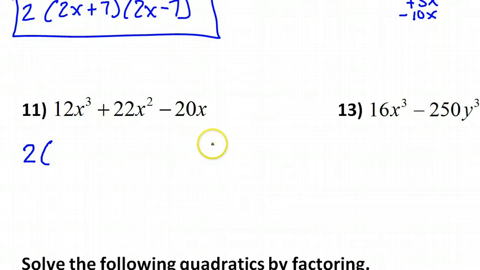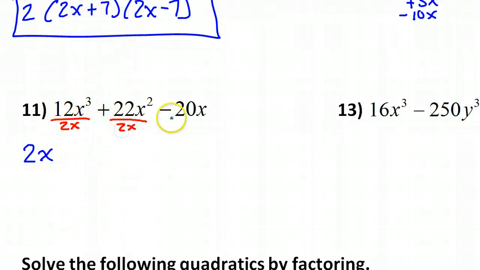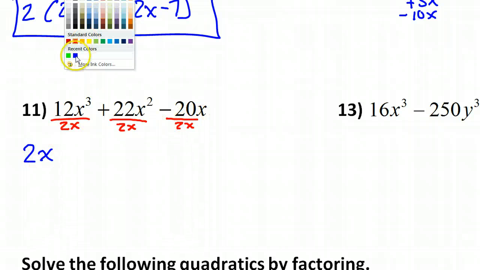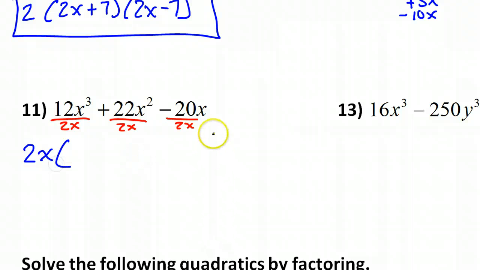So we should bring that out as well. So we'll bring out 2x. So remember, when you pull out a GCF, you're dividing, and then you're putting it out front. So this is going to leave behind 6x squared plus 11x minus 10.